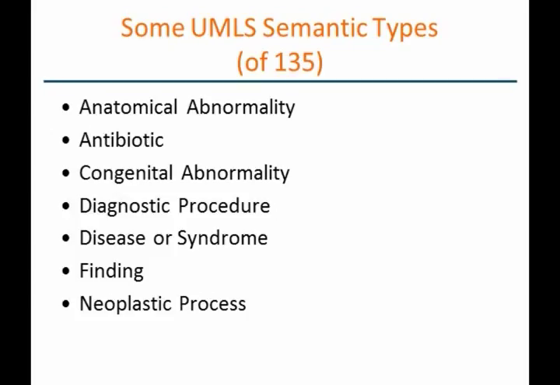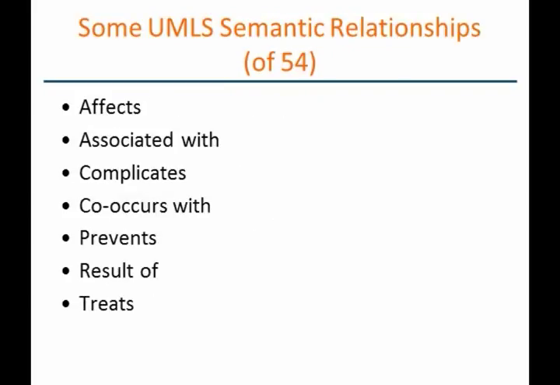There are approximately 135 semantic types in the UMLS. I've mentioned a couple of them, such as anatomic abnormality and antibiotic, congenital abnormality, disease or syndrome, finding. And there are many relationships. Here there are 54 relationships.